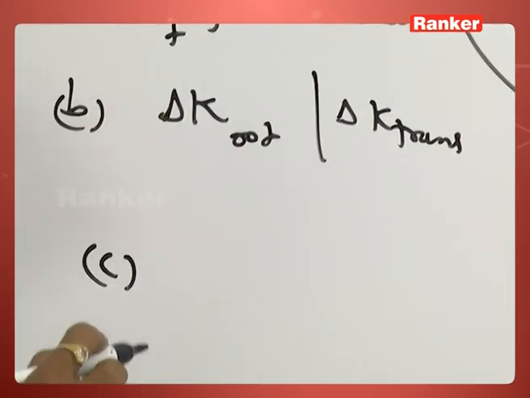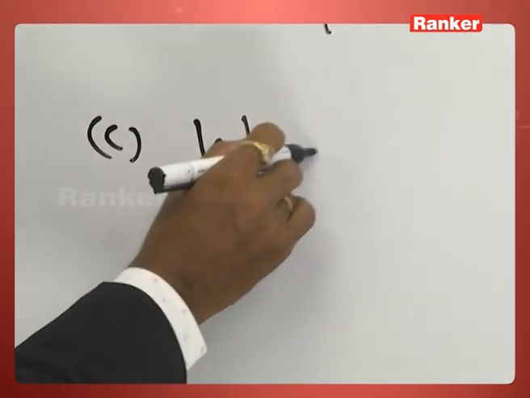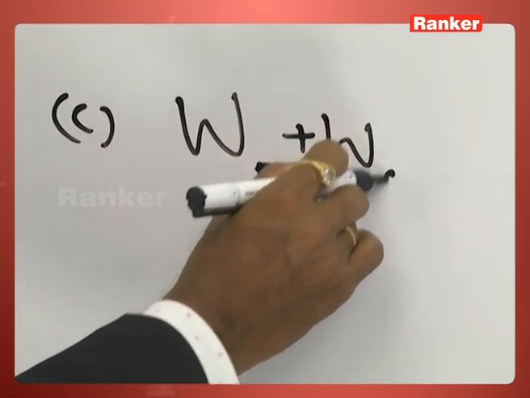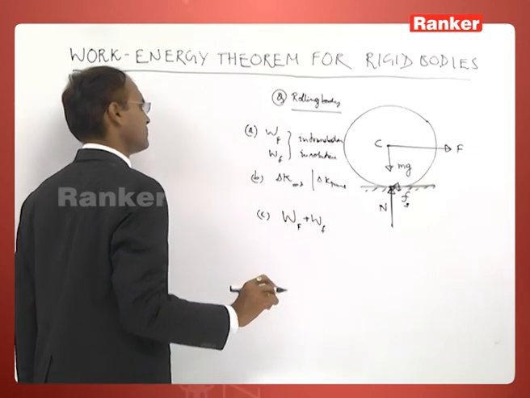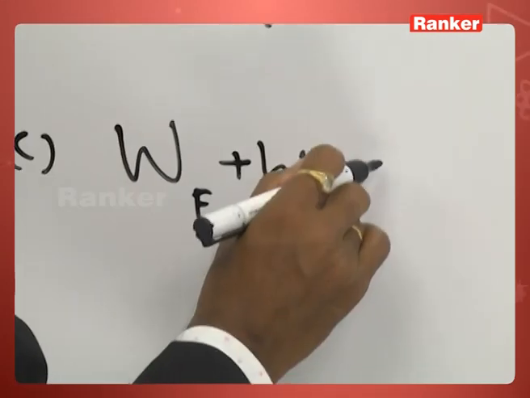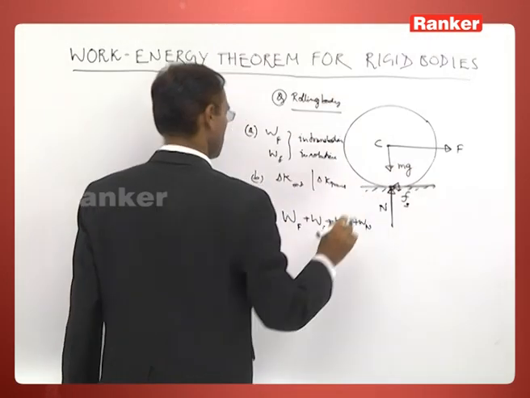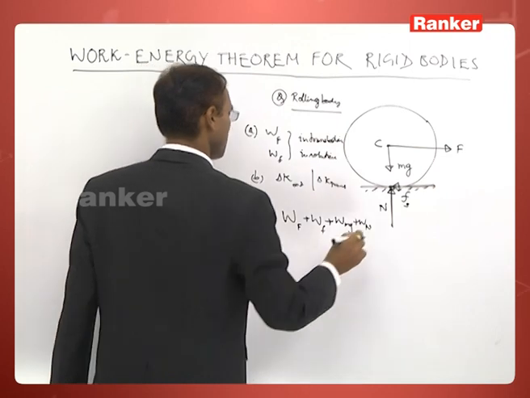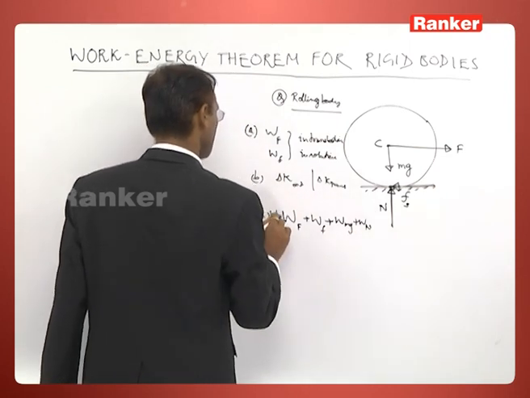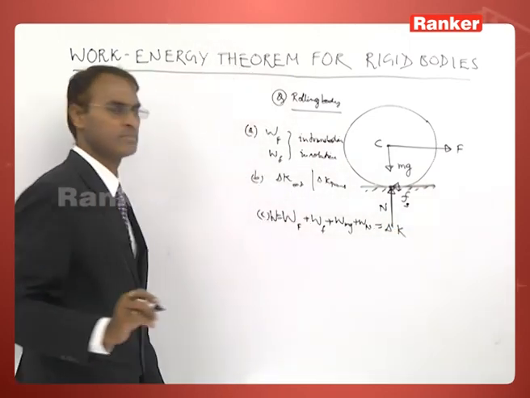And in the third case, we need to verify that the net work done by all forces acting on the rigid body is equal to the change in kinetic energy.